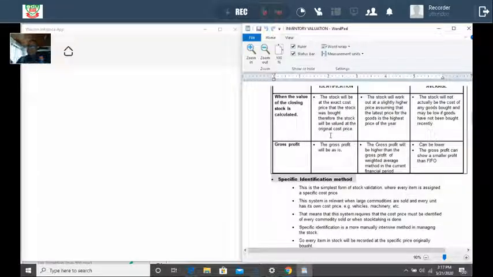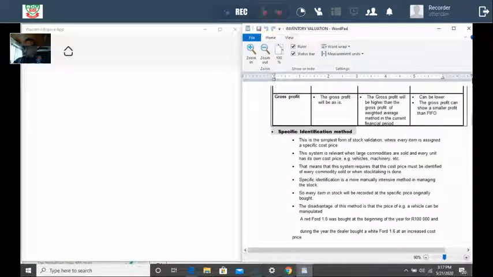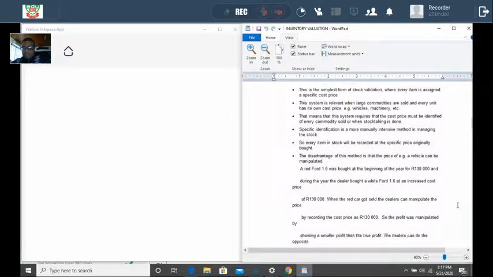With this specific identification method, you just look at each of the goods and identify their cost with it. For example, when you have different types of cars, you can have a red Ford that was bought at the beginning of the year for 100,000, and during the year you buy another white Ford for 130,000.